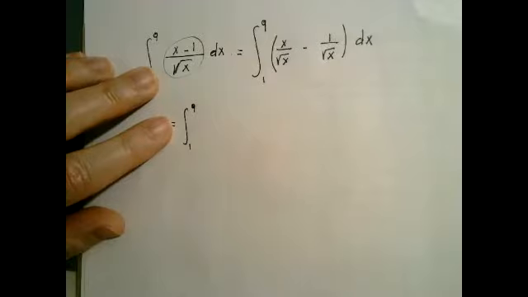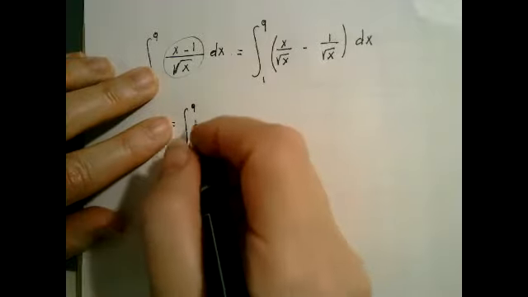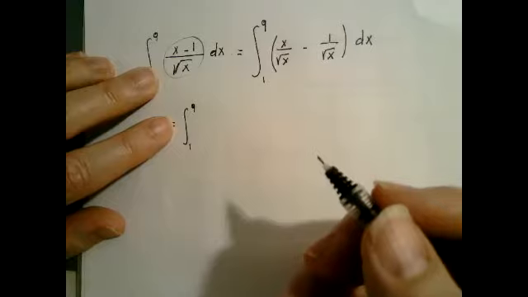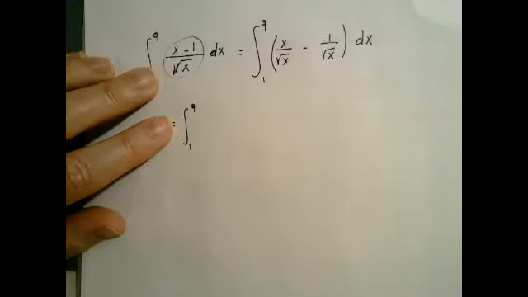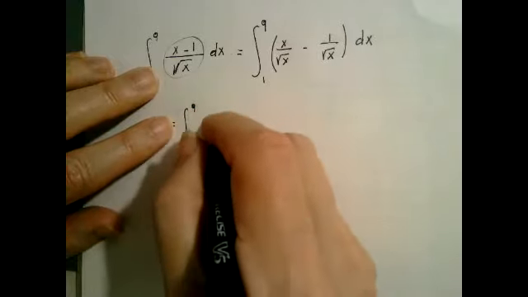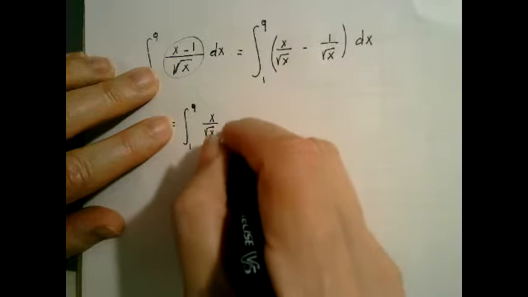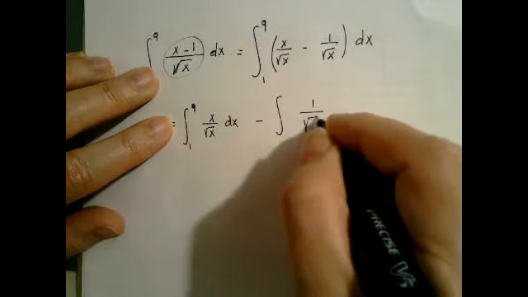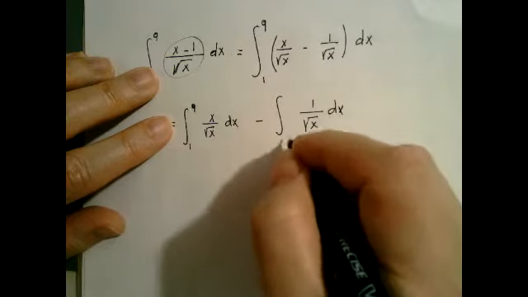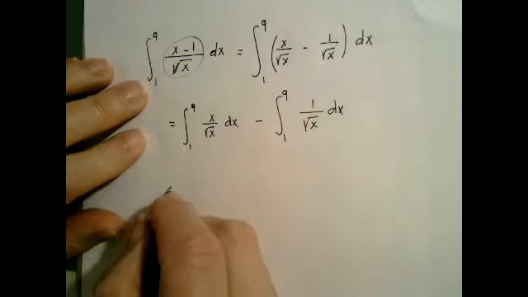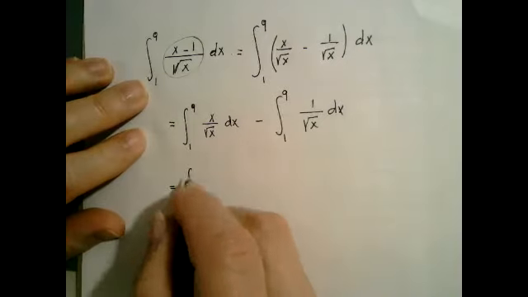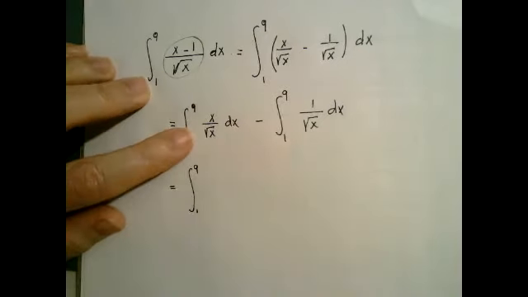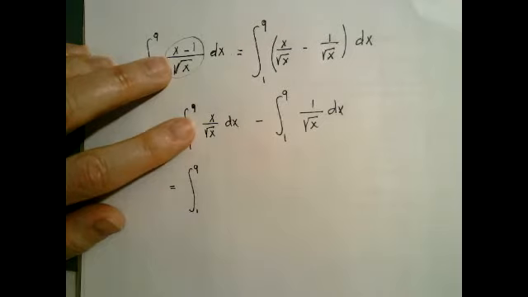Then you can split up the integral into 2 separate integrals. You can do that if you want to. You don't have to. You can do it mentally. Go ahead. I will follow you, though. You want me to split? I will split. You'd be left with x over square root of x, dx.